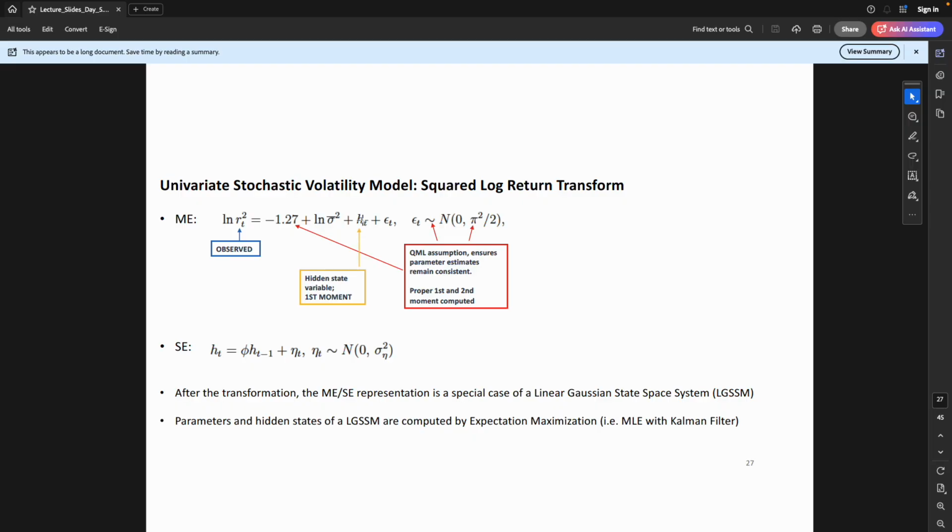Although H is not the second moment, it's driving the second moment. But then you have some noise. And the idea of filtering will be to filter out the unobserved variable h_t by just observing log r_t squared. Good.